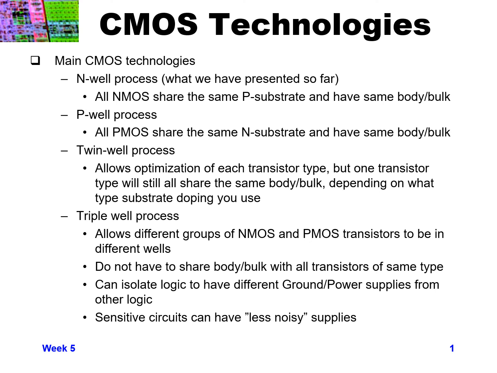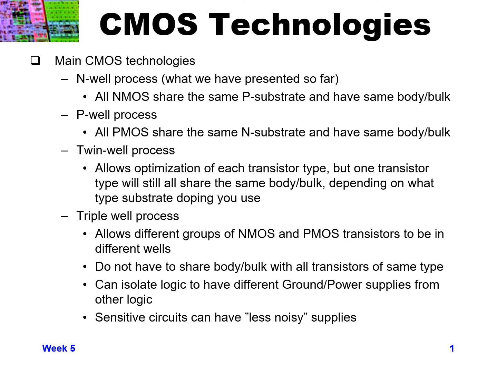So all NMOS devices still share the same voltage as the bulk body, but we could have the P wells in the P substrate have a slightly different doping than the P substrate.